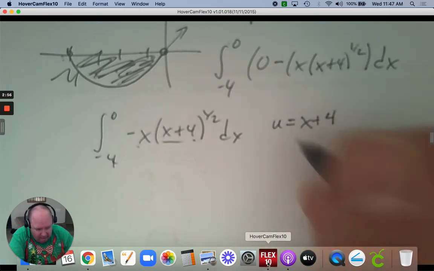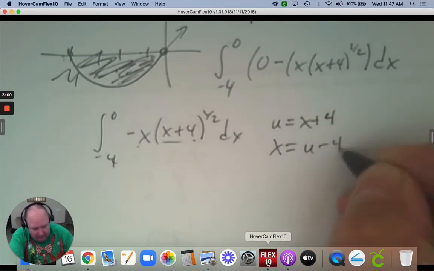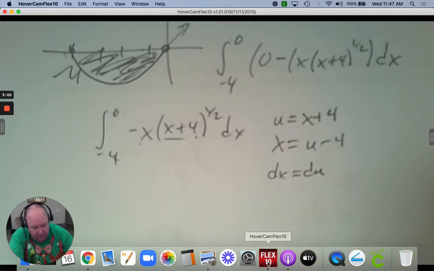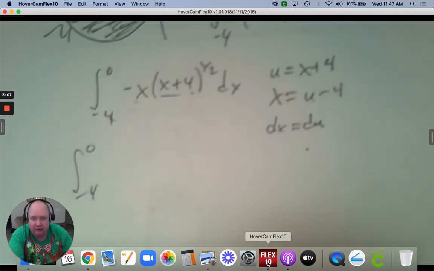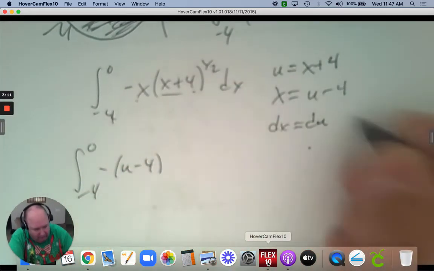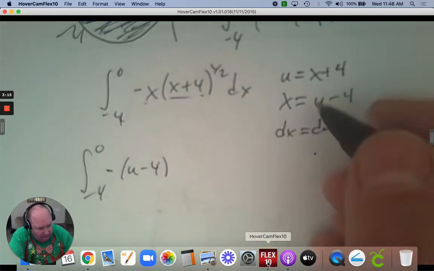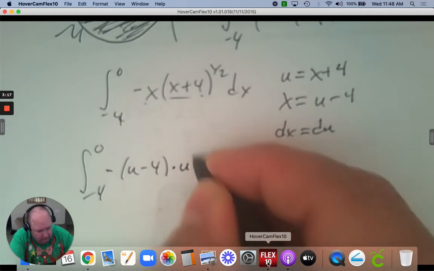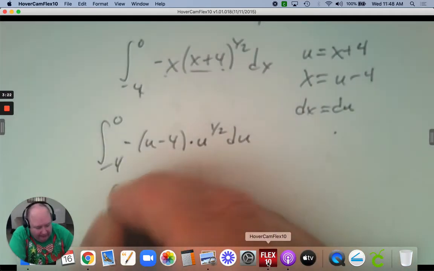Let x equal u subtract 4, and then take the derivative. So those are the 3 things I need. So I'm going to do a substitution here. X becomes u subtract 4. Make sure it's negative in front. X plus 4 is just u, and dx is du.